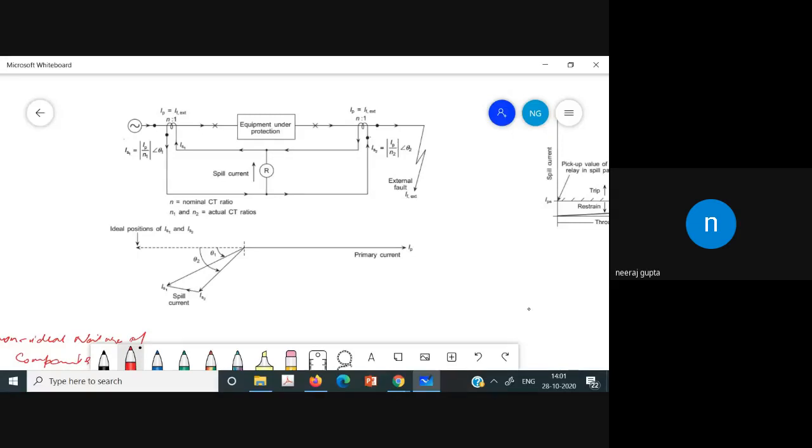In our discussion, we have assumed that CTs are ideal, and in practice, CTs are actually subject to ratio errors and phase angle errors.